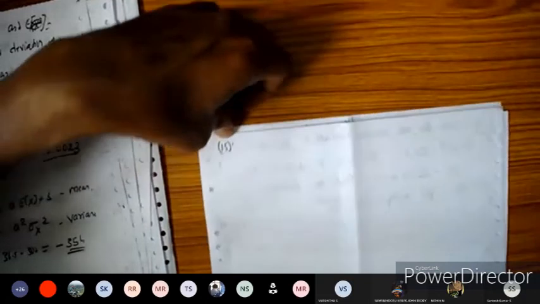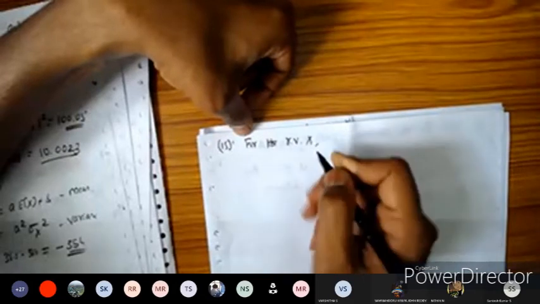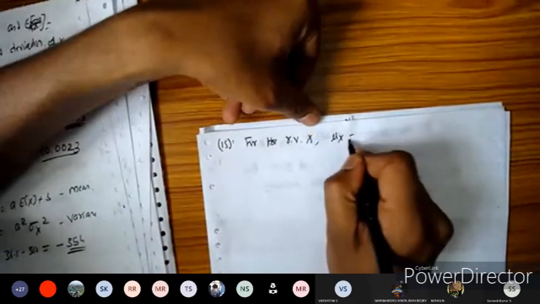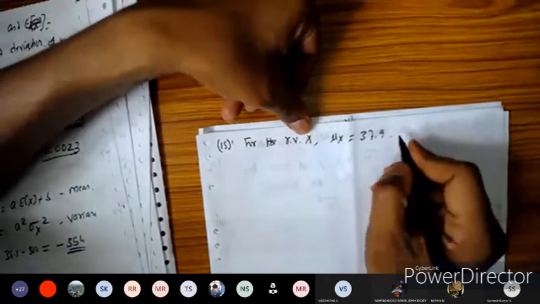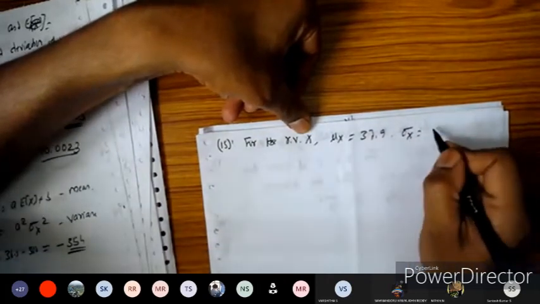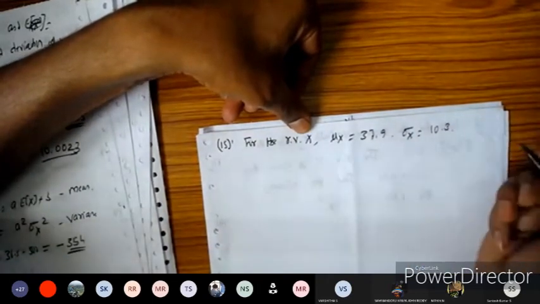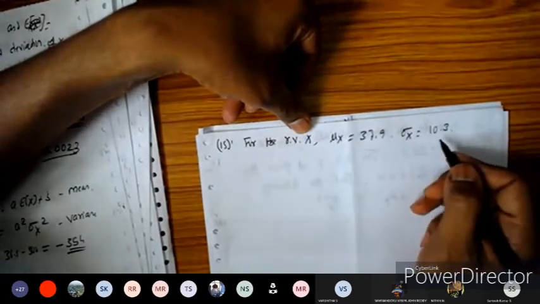Problem number 15. Still we have enough problems. For the random variable x, you can take mu x is equal to 37.9, sigma x is equal to 10.3.